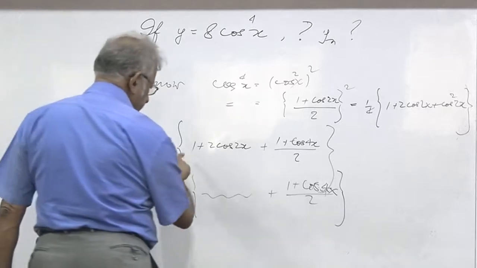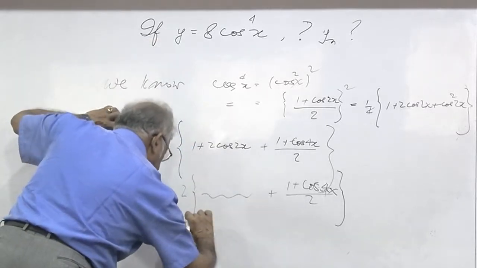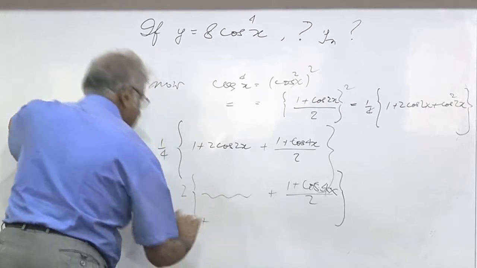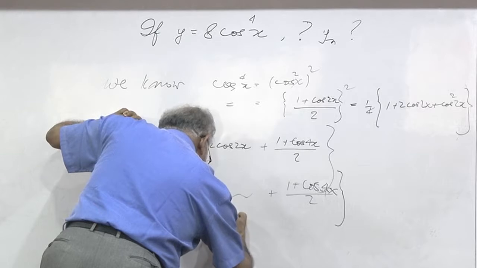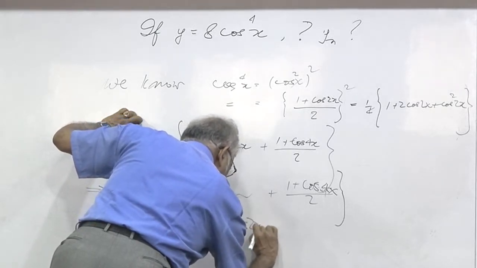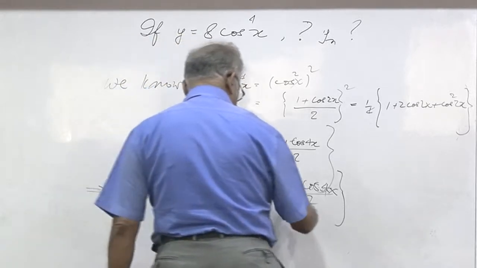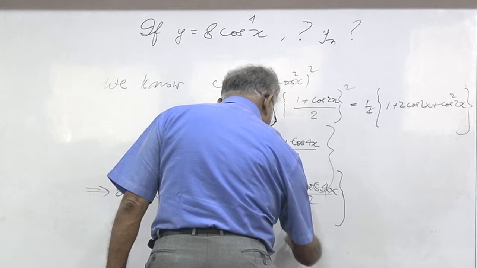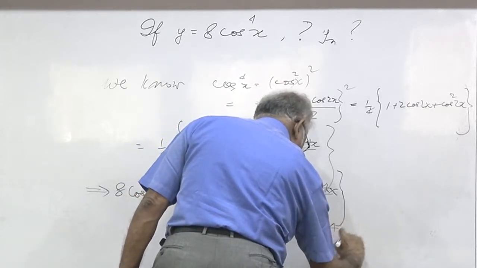Now, once we multiply this by 2, what we get is 2 into 1, 2 plus 2 2s are 4, 4 cos 2x plus these 2 and these 2 will vanish, so we will get plus 1 plus cos of 4x.